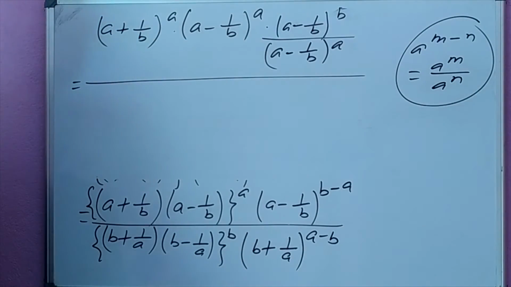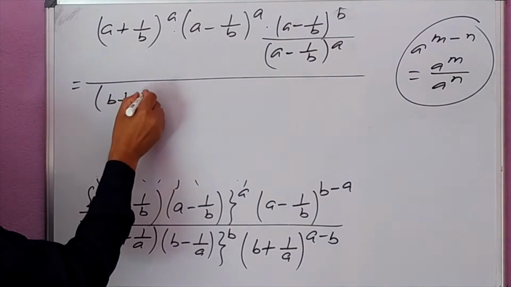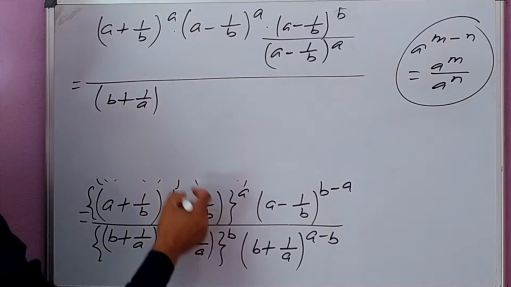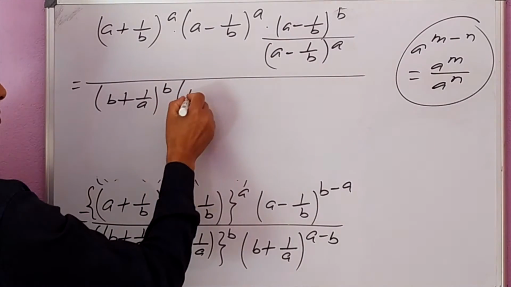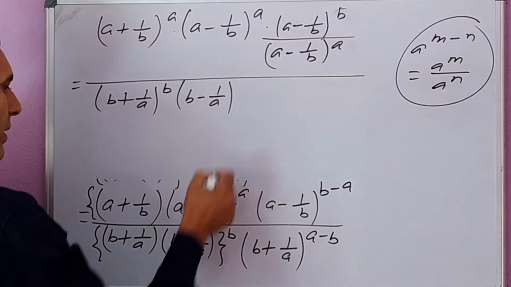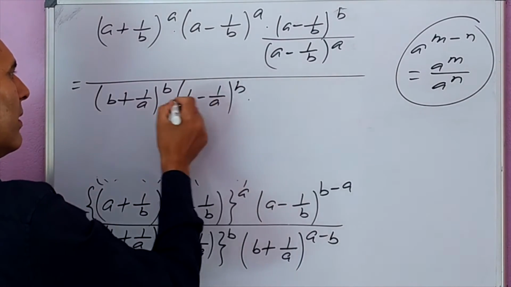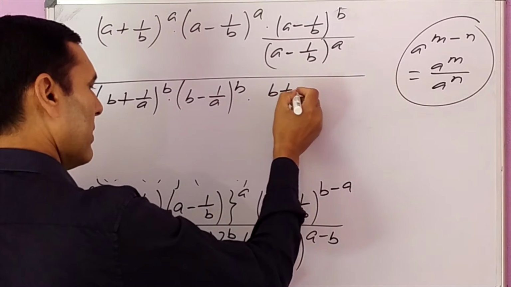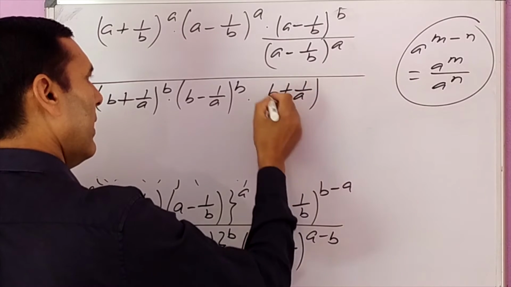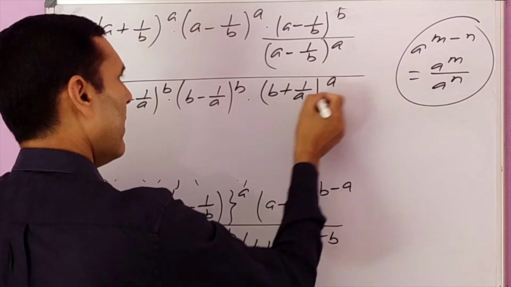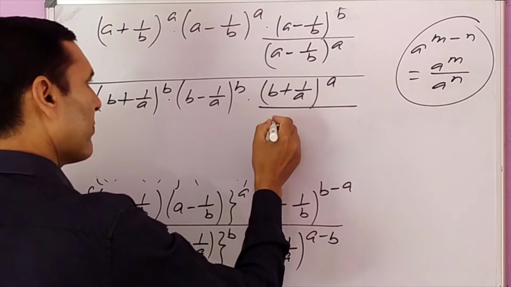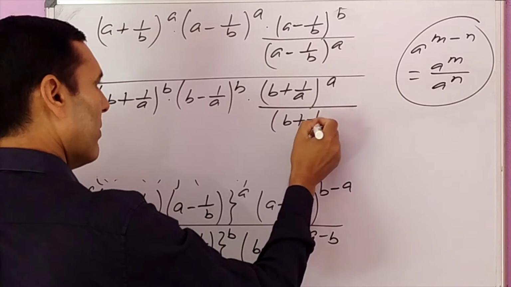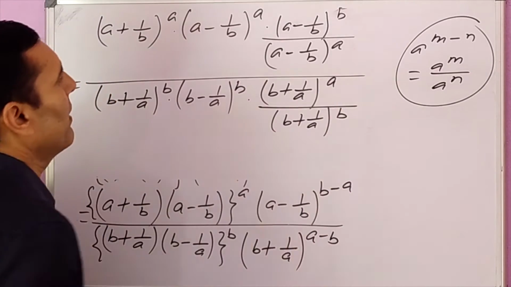And in the denominator also we do the same. It is (b plus 1 upon a) to the power b, and (b minus 1 upon a) to the power b, and this can be written as (b plus 1 upon a) to the power a whole upon (b plus 1 upon a) to the power b.